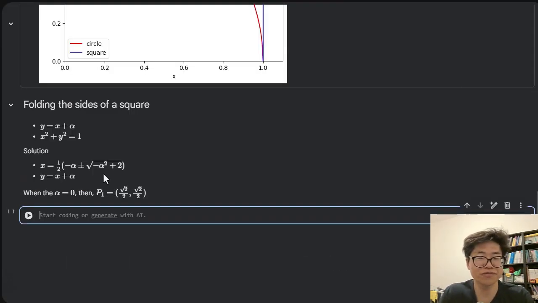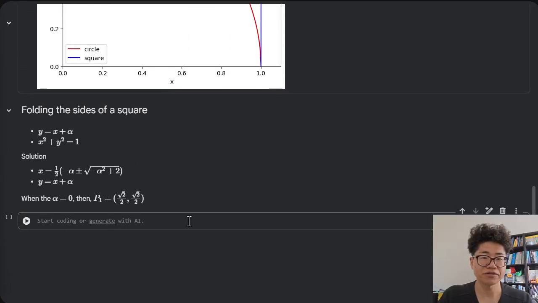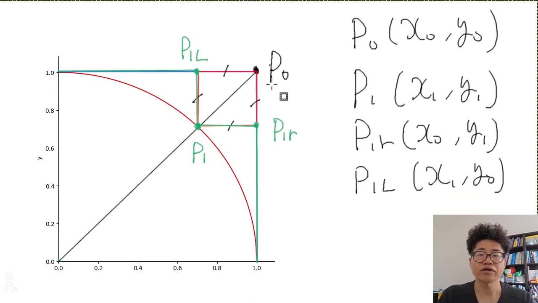So here's the solution. But for P1, alpha is equal to 0. Therefore, P1 is square root 2 over 2, comma, square root 2 over 2. Let's implement this. We have P0, coordinate is 1, 1.